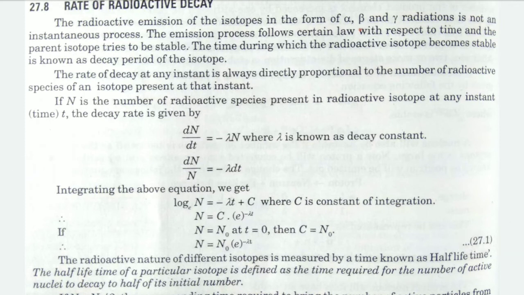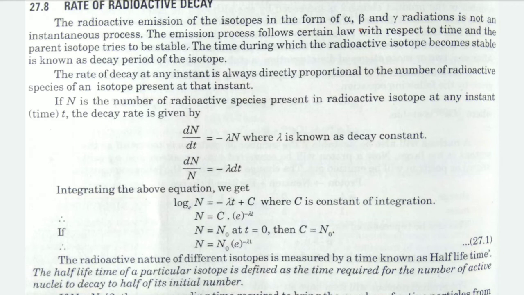Rearranging, dN upon N is equal to minus gamma dt. Integrating the above equation, we get natural log of N equal to minus gamma t plus C, where C is a constant of integration. This is the mathematical part.